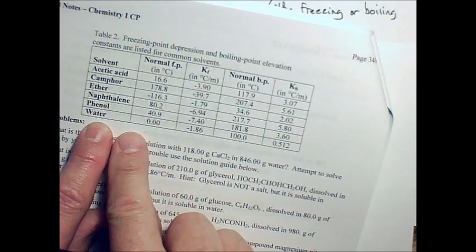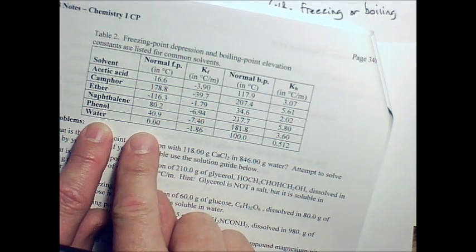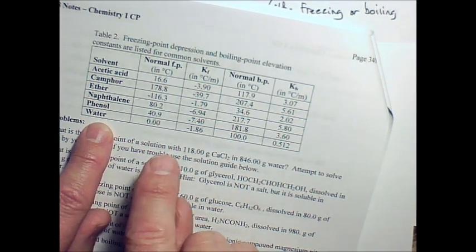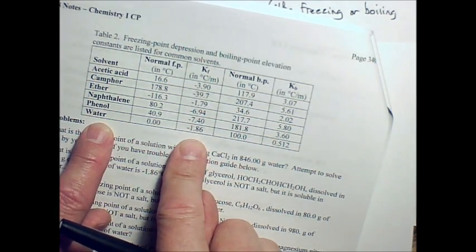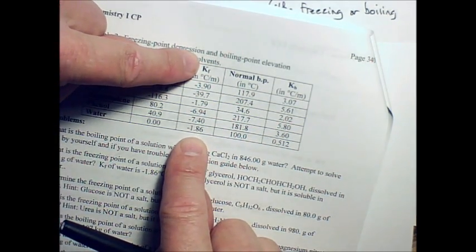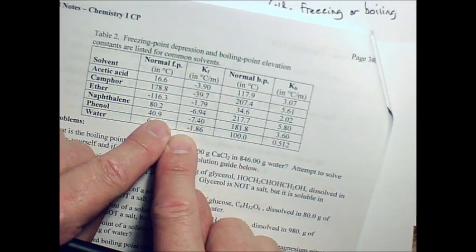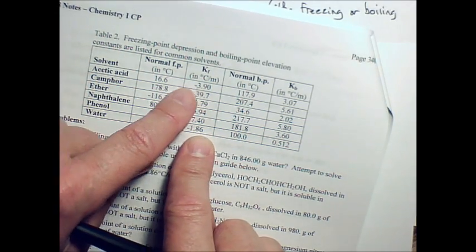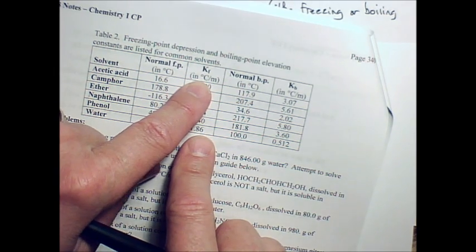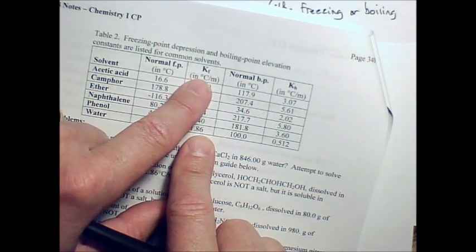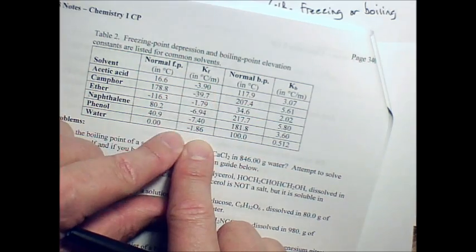All right. We're looking at what's going to happen to water here. Water is the solvent, okay? So we're looking at water here for the KF. The freezing point constant for water is a negative 1.86. And remember, we always put the units of measurement in the column labels, we don't put them in the cells.